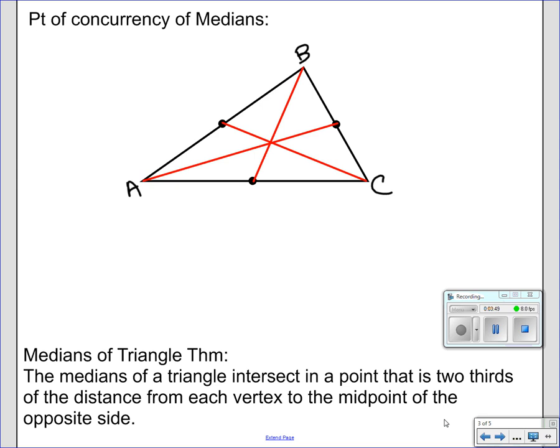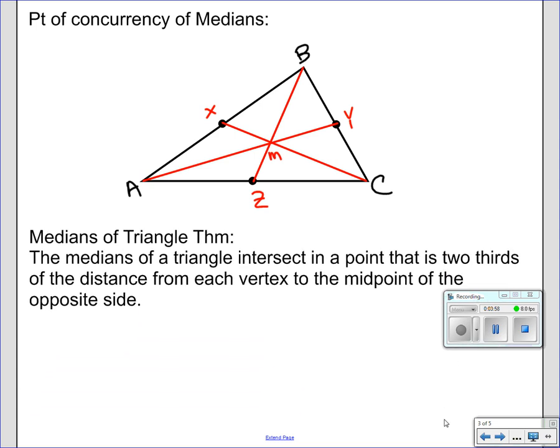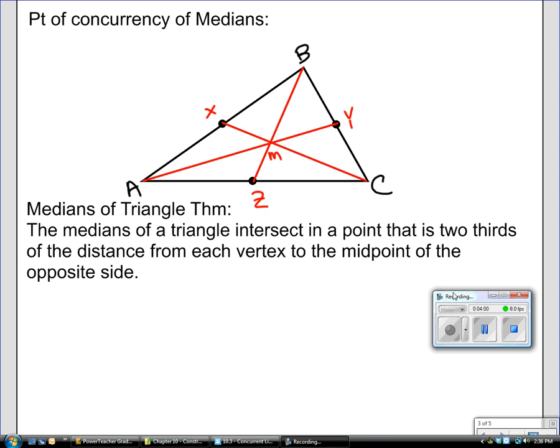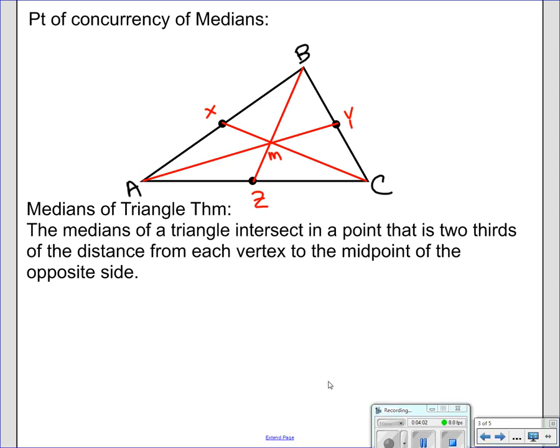Okay, so we have triangle ABC. Let's call those points X, Y, Z, and M. Now, the medians of a triangle theorem says that the medians of a triangle intersect in a point that is 2/3 the distance from each vertex to the midpoint of the opposite side.